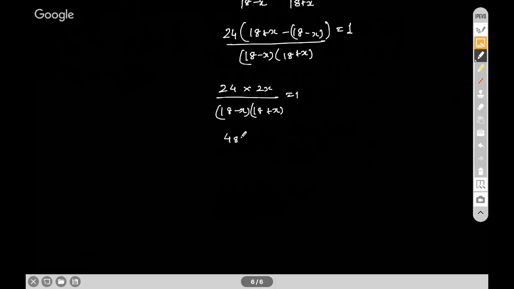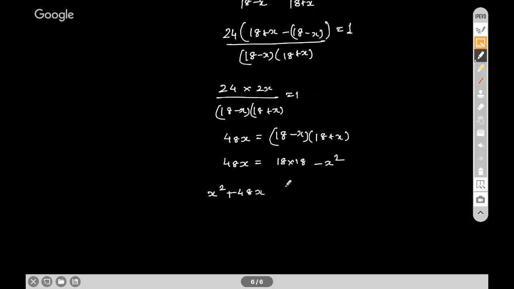This is 48x is equal to 18 minus x and 18 plus x, which is 18 square minus x square, a square minus b square. Now the final equation is x square plus 48x minus 18 into 18. I'm purposefully not multiplying because anyways you'll have to factor it.